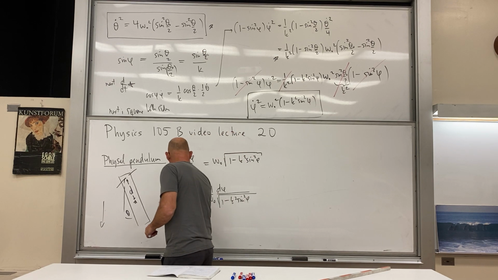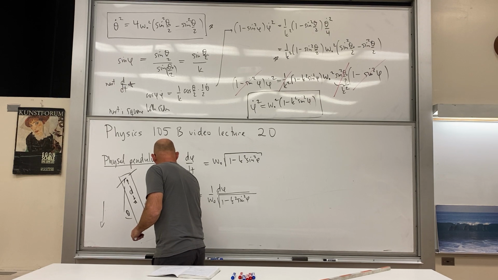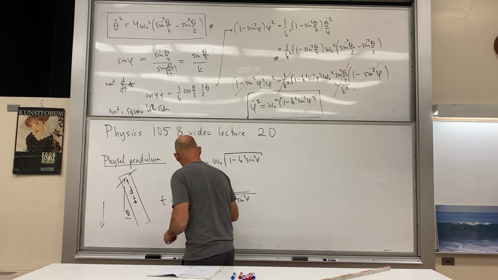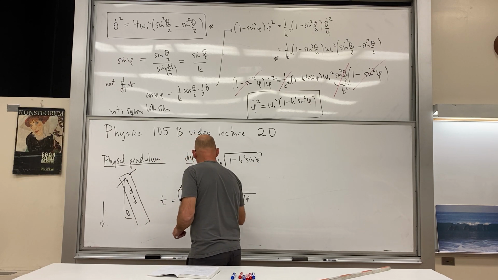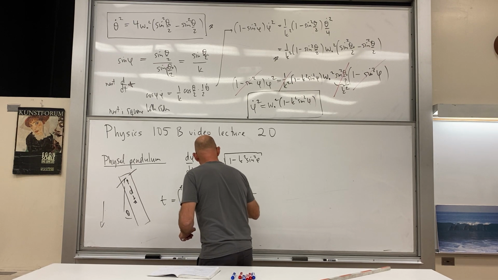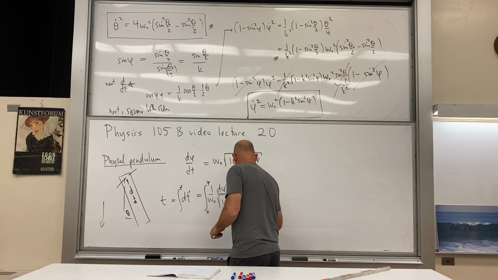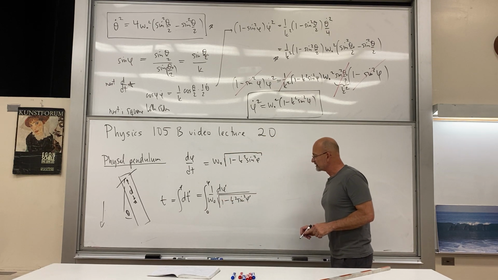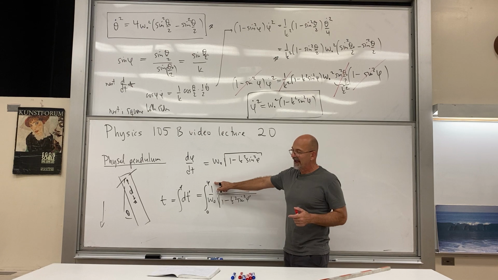And write t, integral dt, 0 to phi prime, and we have time as a function of angle.